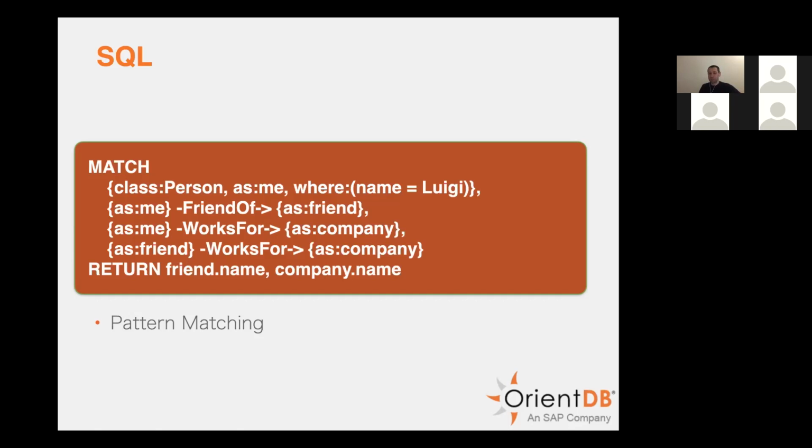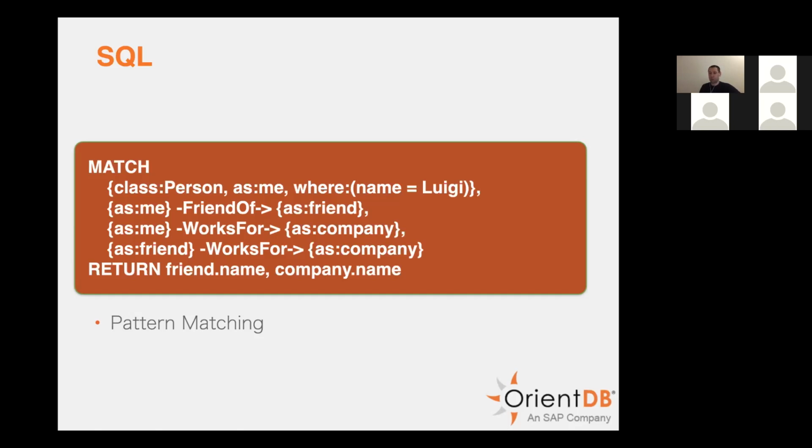So it's pretty natural. I can define the pattern with arrows left to right or right to left, or with, let's say, undirected arrows, so connections regardless of the direction. And you can add conditions on any part of the pattern.